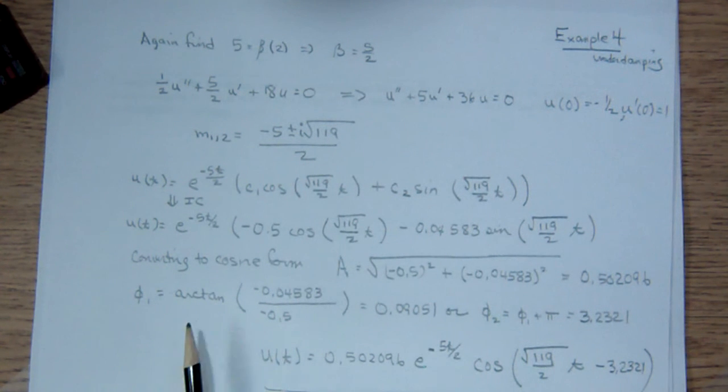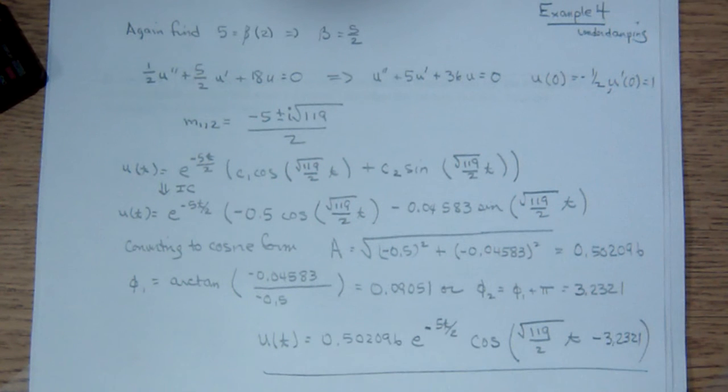And if we want to convert it, and I would encourage you to practice this just a little bit, the amplitude is going to be, we square these coefficient values and take the square root, and again we're being engineers, so we're rounding that off. Then we'll have phi, and phi is either the arctangent of that value from your calculator or the arctangent plus pi.